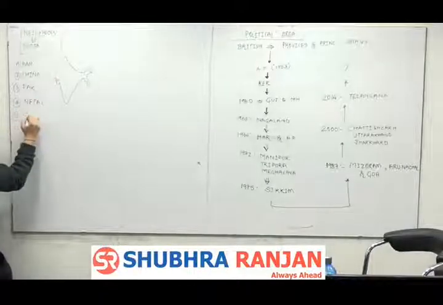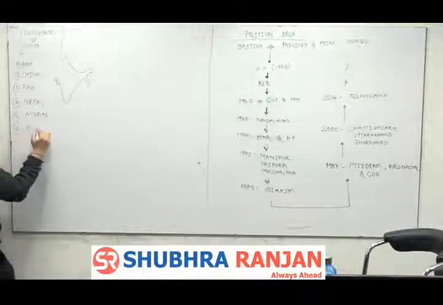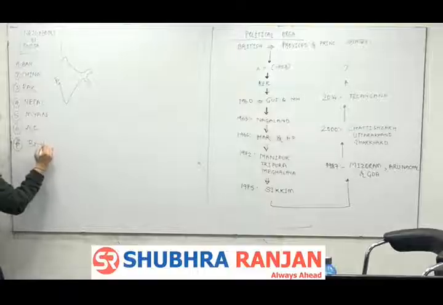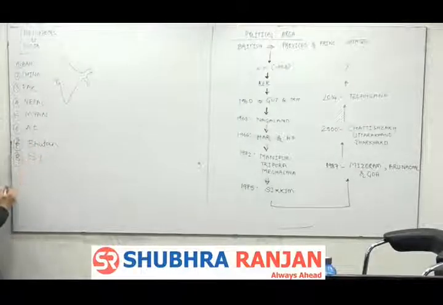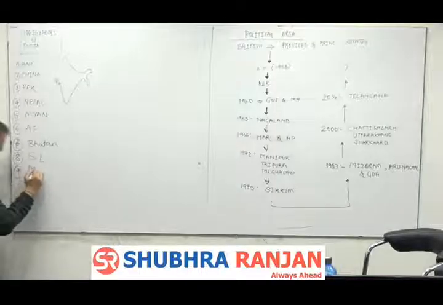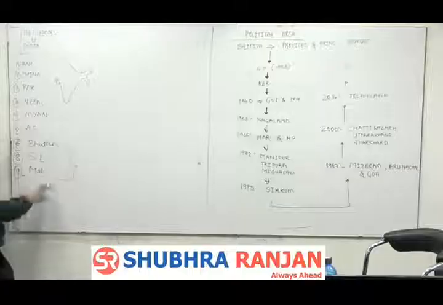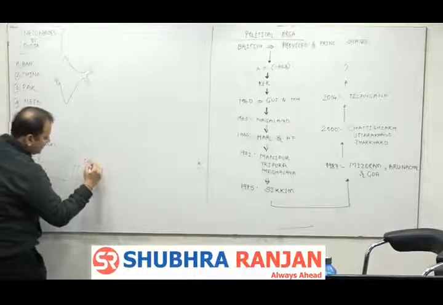Fifth, Myanmar. Sixth, Afghanistan. Seventh, Bhutan. Eighth, Sri Lanka. Ninth, Maldives. Fine. Now you understand these two are not considered as our land neighbors. They are maritime neighbors.